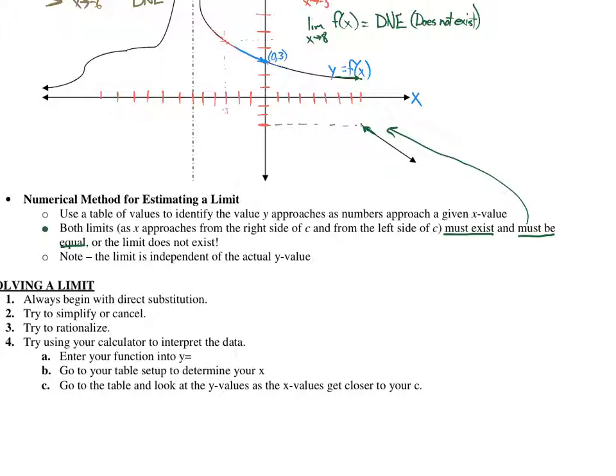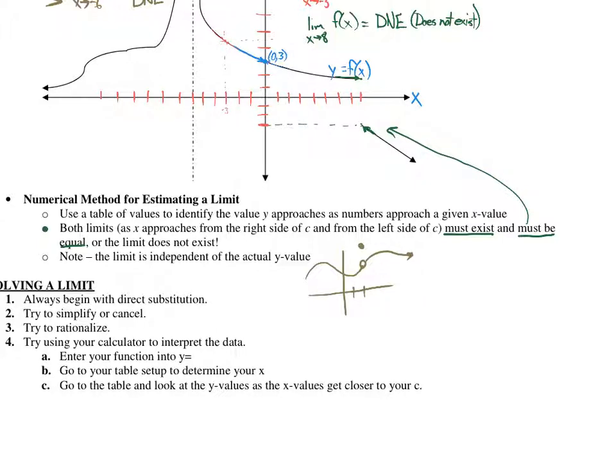And then another thing we need to recognize is that the limit is independent of the actual y value. Just to illustrate that real quickly here, let's say that we have this function, and maybe it's some sort of a piecewise function. And it goes like this, and there's this point right here.